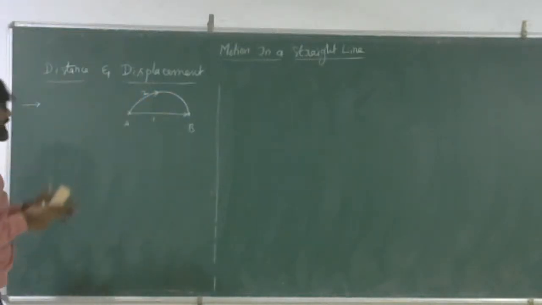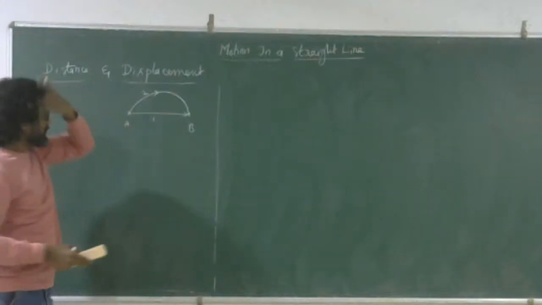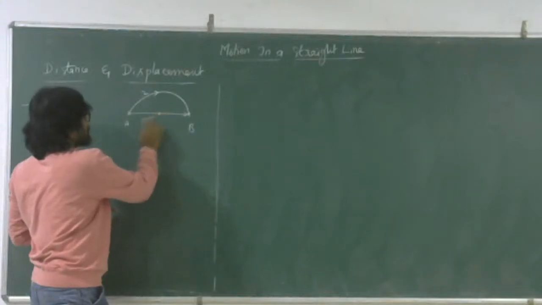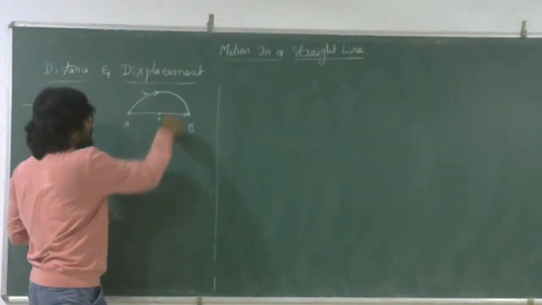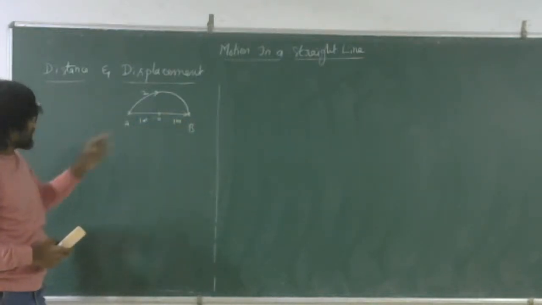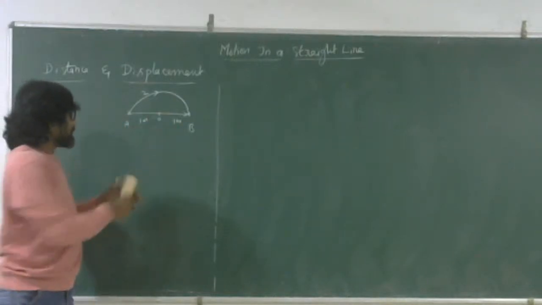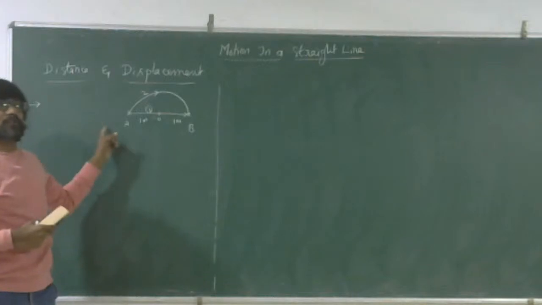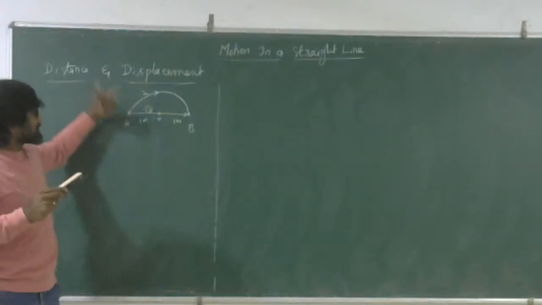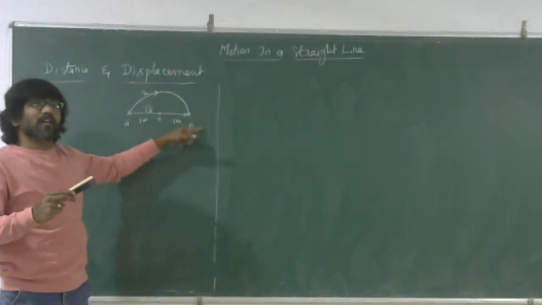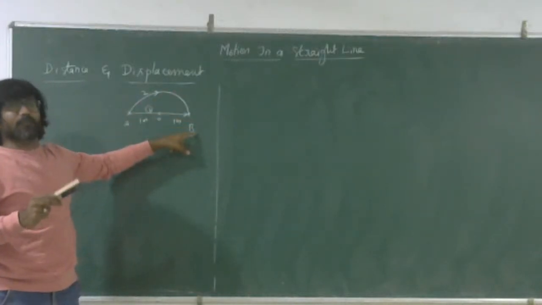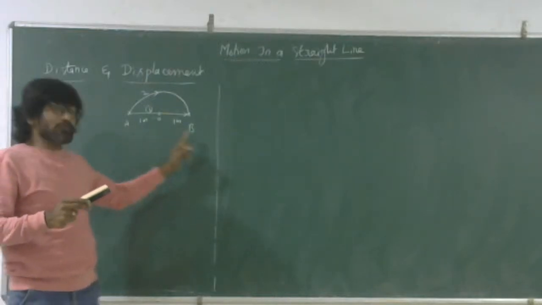Now for path 1, if we say this is the center of a circle and its radius is 1 meter, then you can understand that distance traveled and displacement for this path 1 are both the same. They are equal. For the second path, distance is pi r. If radius is 1, it is pi, 3.14 meters, whereas displacement is 2 meters only.